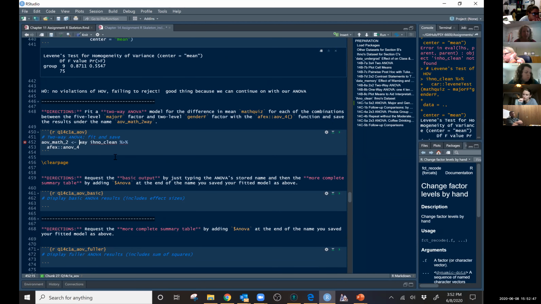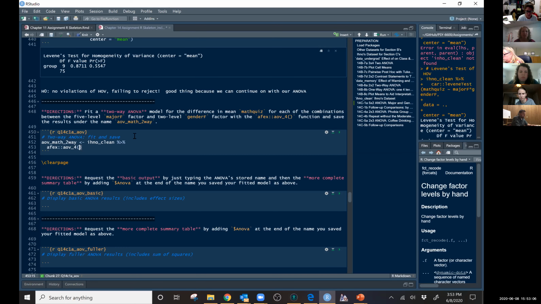Okay, so we're going to save it as AOV Math 2, two-way. And we're going to start with the name of the data set, type it into afex, AOV4. Now we need our formula.